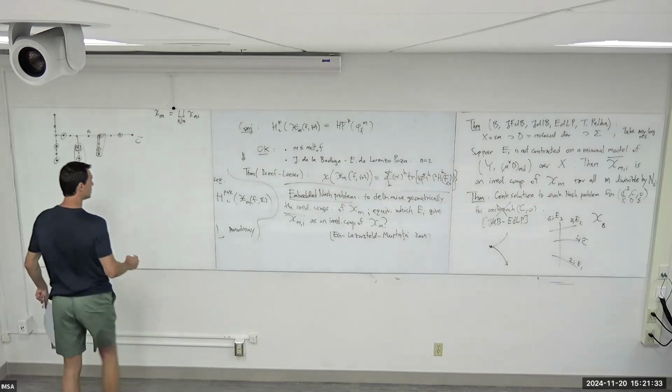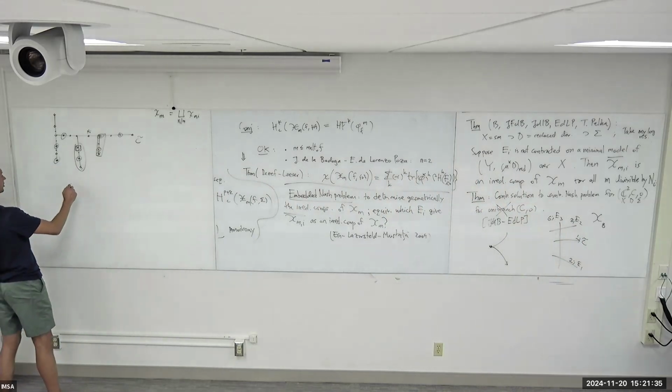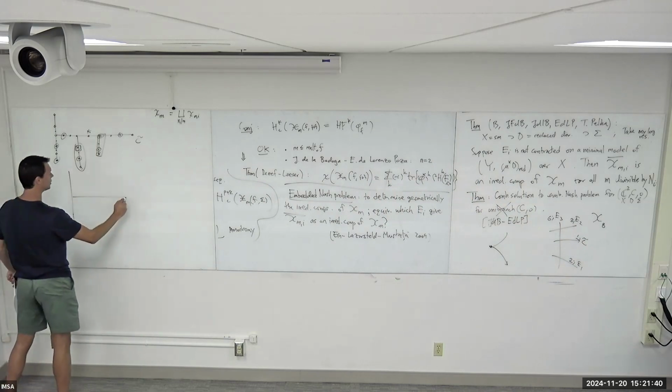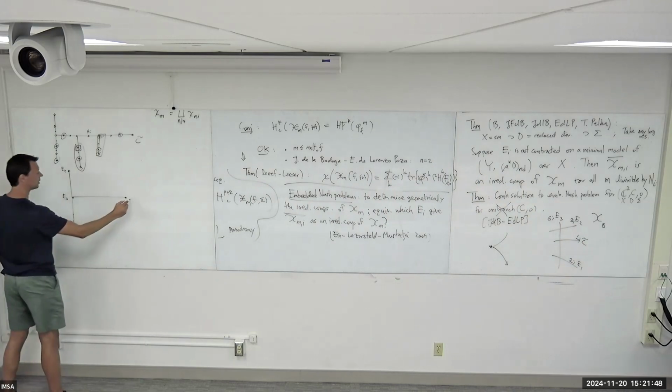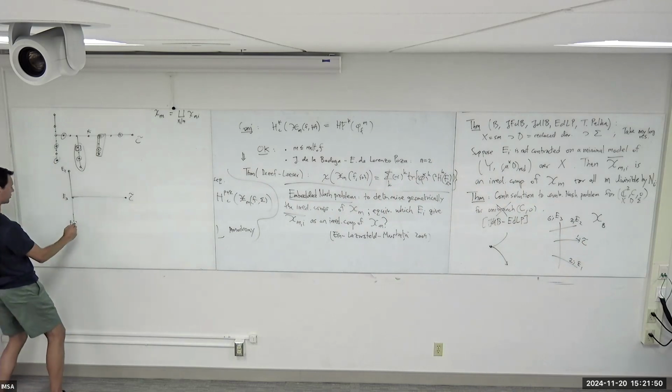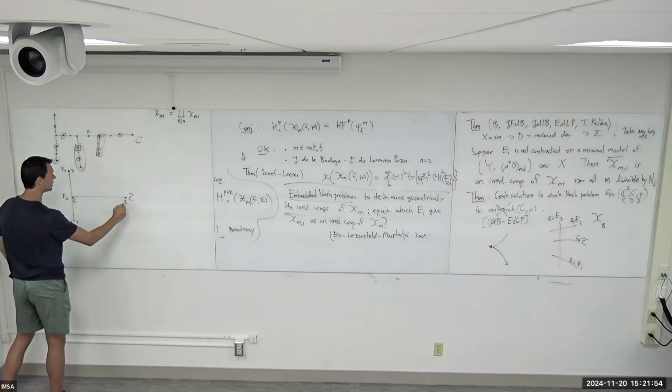So the dual graph of the minimal log resolution is the following. This is E1, E2, E3, and C tilde, with multiplicities 2, 3, 6, and 1.